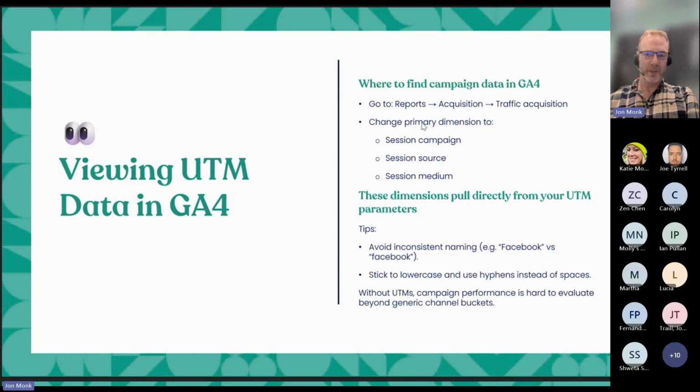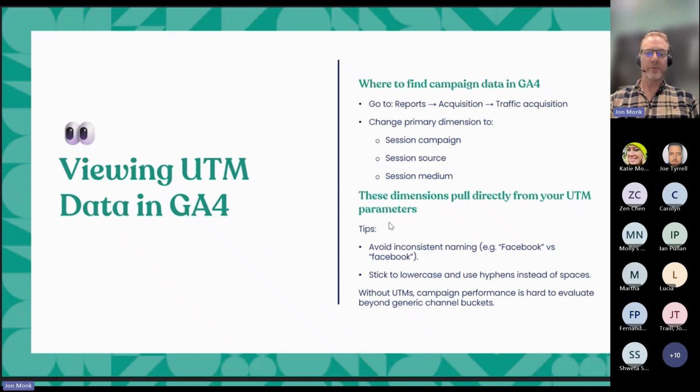We've also got a separate knowledge base article on finding that, so we'll make that available for you to see too. So by adding the dimensions to this link, these will pull the UTM parameters through.